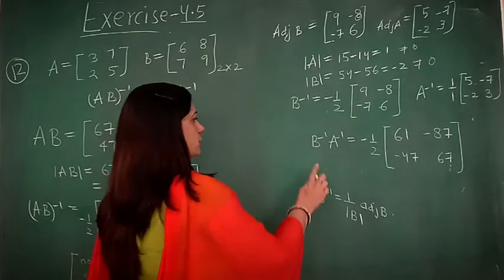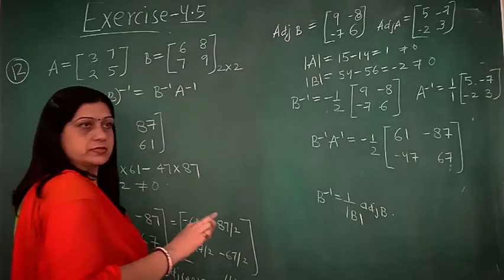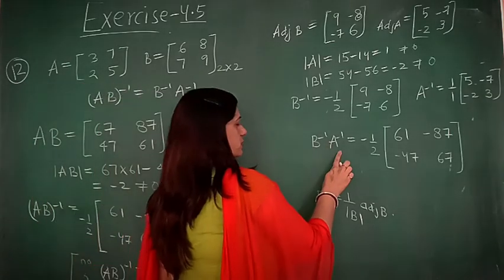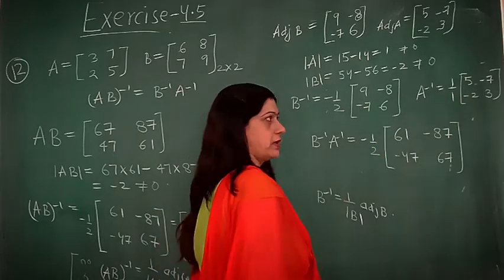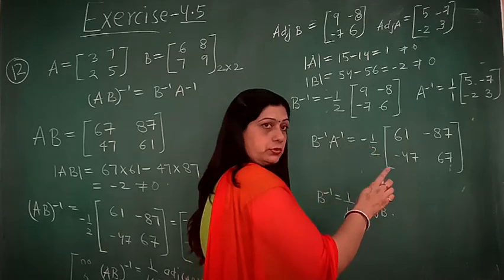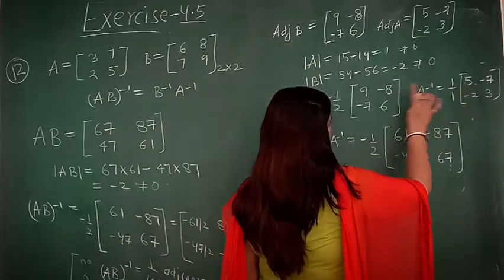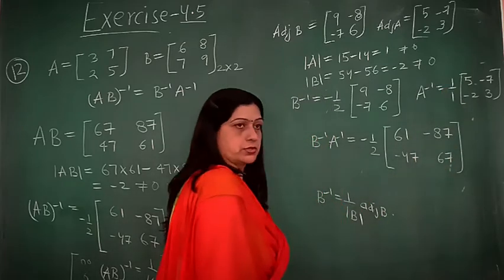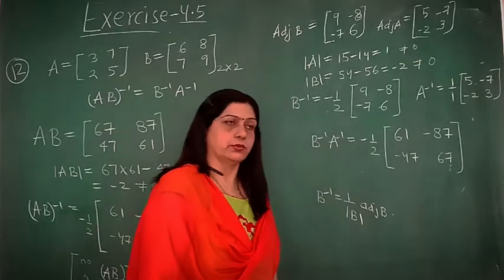Now we have to find, as it is asked, B inverse into A inverse. That is the product, we have to find this into this. Keep minus 1 by 2 outside this matrix and find the product: 9 into 5 plus 8 into 2, and in the same way the other products.